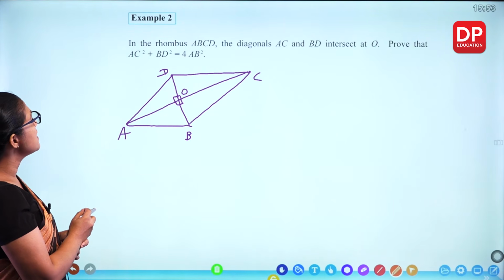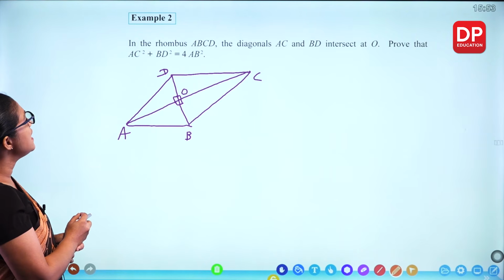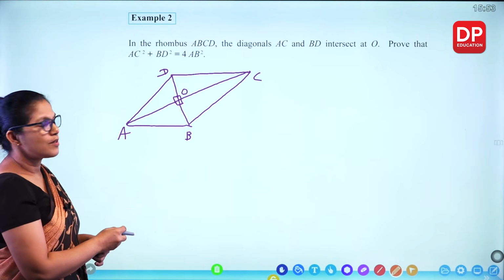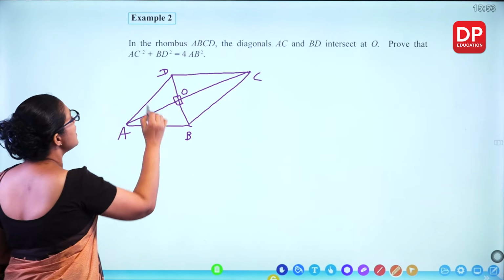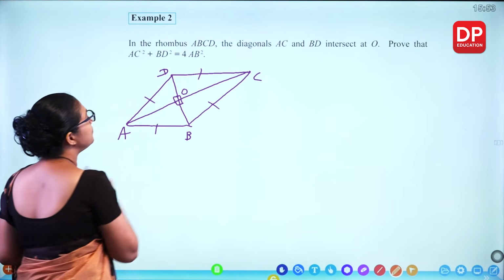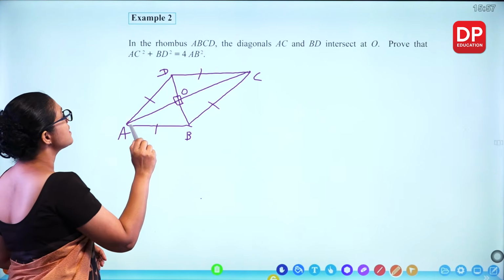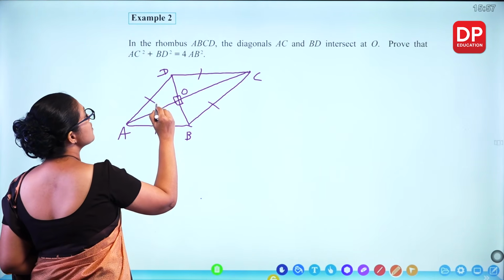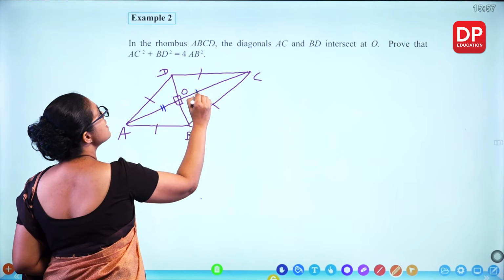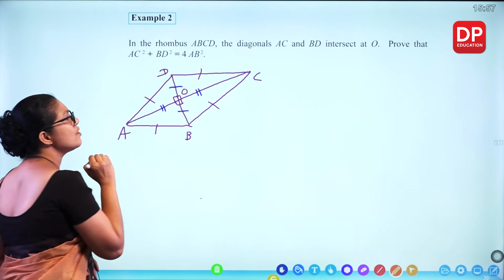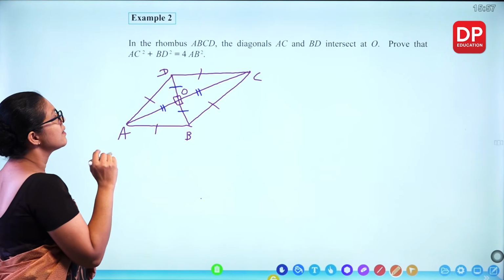Prove that AC squared plus BD squared is equal to 4AB squared. So we need to write down in terms of AB. Another important thing in rhombus, diagonals bisect. So here this length is equal to this length, and this one is equal to this length.